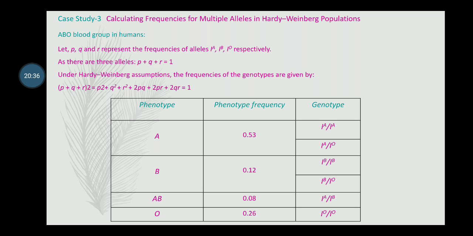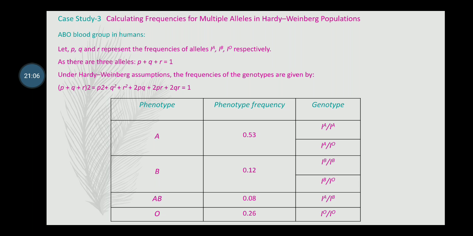We have to take care that A blood group means the genotype can be IA-IA or IA-IO. Similarly, B blood group means the genotype can be IB-IB or IB-IO. AB blood group means both the alleles are present, IA-IB, and O blood group means IO-IO.